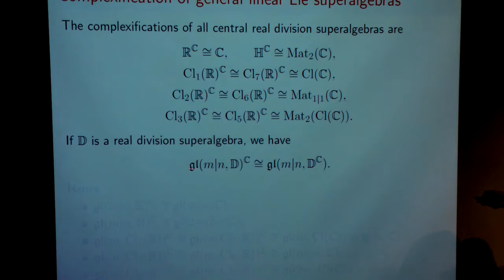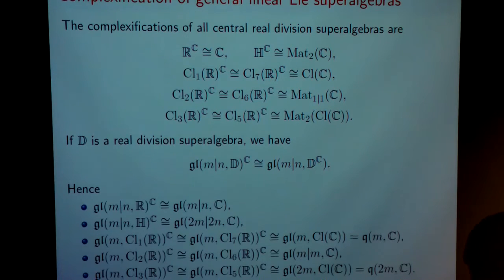And so if you want to complexify the general linear superalgebras, first of all, you notice it's just the same as complexifying this superalgebra where you take the coefficients. And then you use these facts to see what the complexifications of all these real general linear superalgebras are. So for example, if you take this general linear superalgebra whose coefficients are quaternions, you complexify, use the fact that the complexification of the quaternions is 2 by 2 matrices.